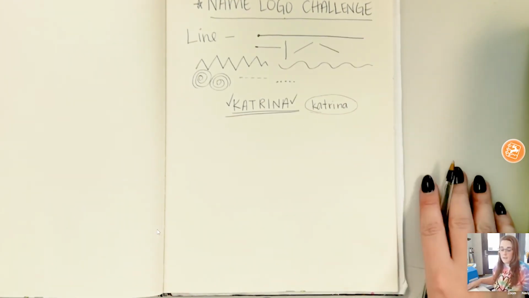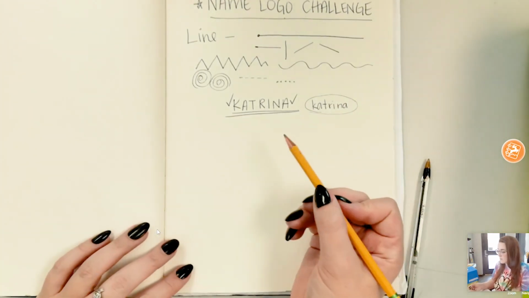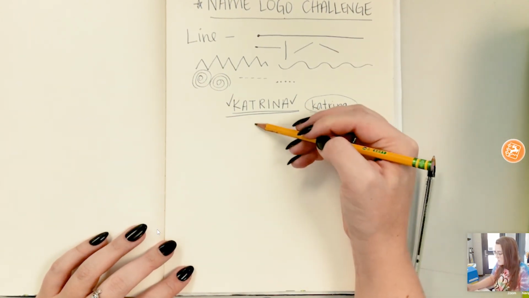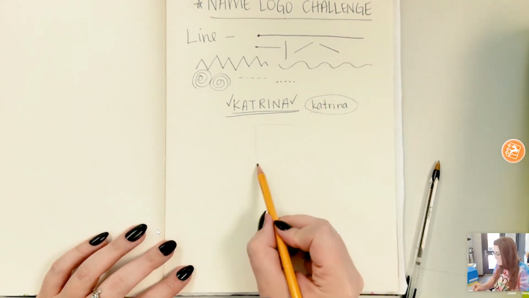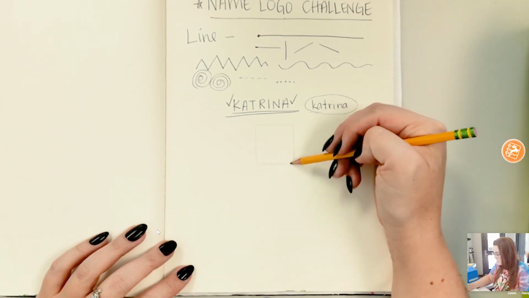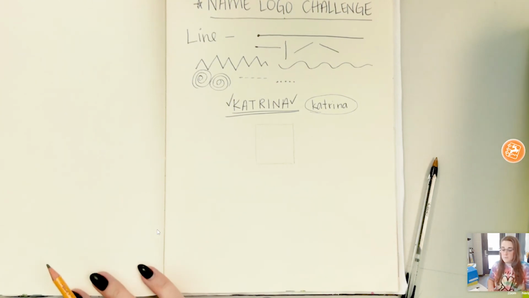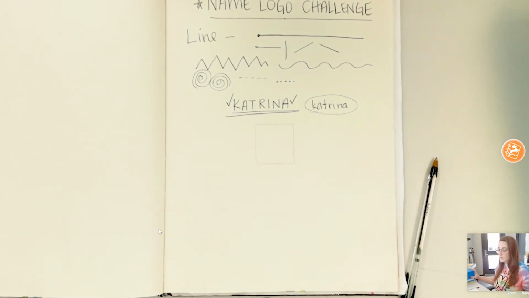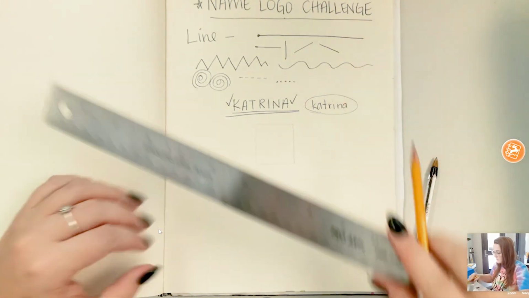So to begin, I want you to take a pencil and sketch a box or a square that looks like this. You want to try and make it as perfect as possible. So if you need to, you could also use a ruler to draw your box.